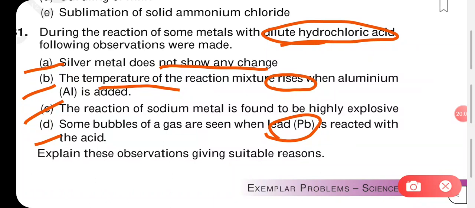Lead is above hydrogen in the reactivity series, so it is more reactive, thus some bubbles of hydrogen gas are produced. Comparatively it is more reactive, so lead reacts with hydrochloric acid to give hydrogen gas, H2.